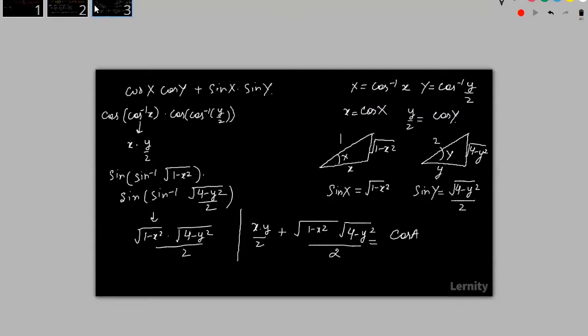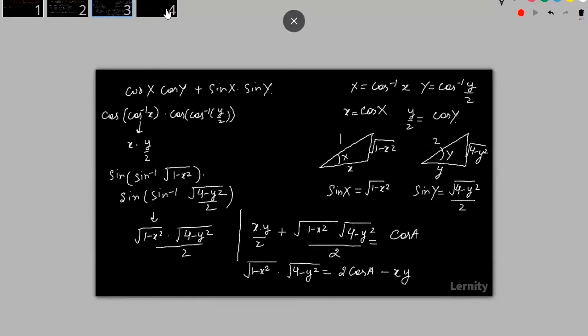So I will take common 2 and take the 2 on the other side, and I will take xy also on the other side. So this will become root of 1 minus x square into root of 4 minus y square is equal to 2 into cos a minus x into y. Now because I have roots, I will square both sides.